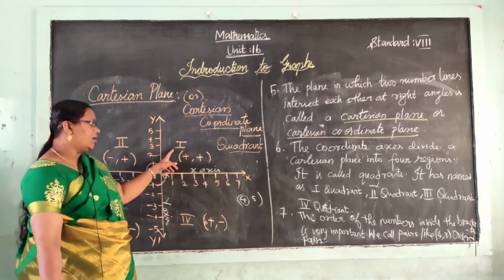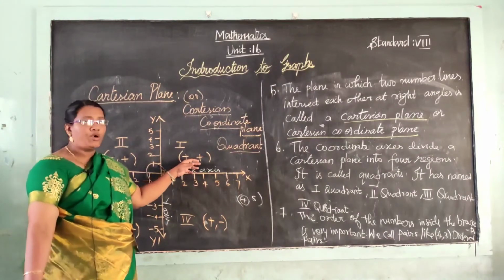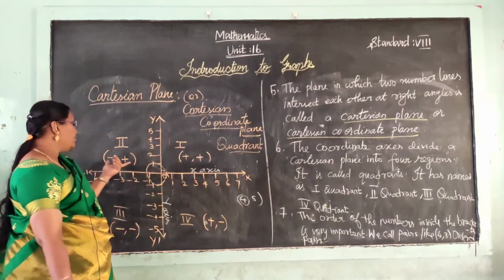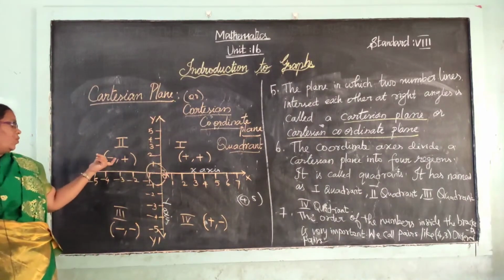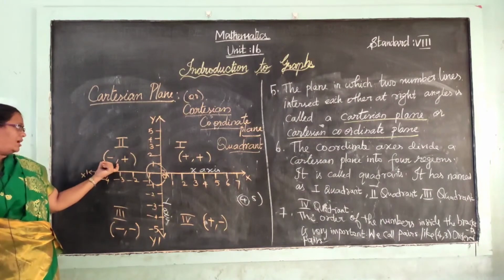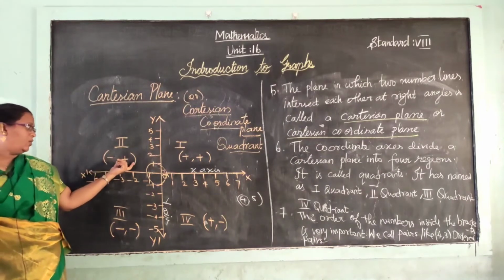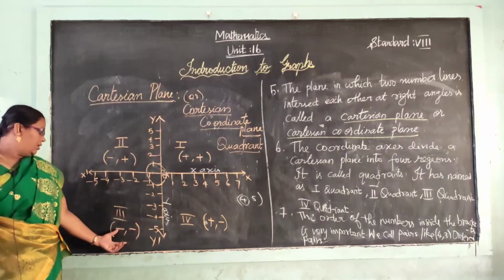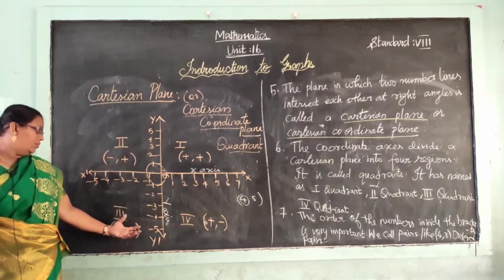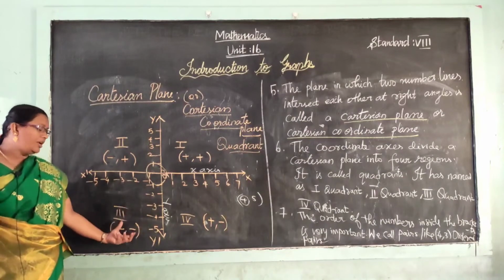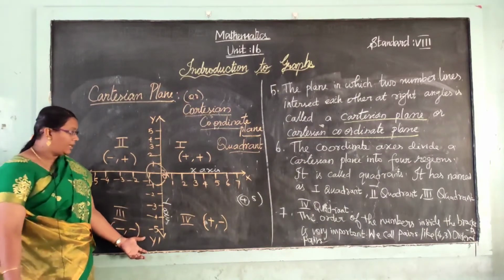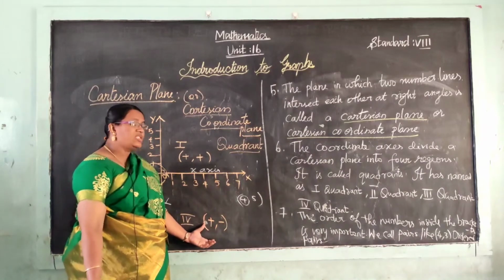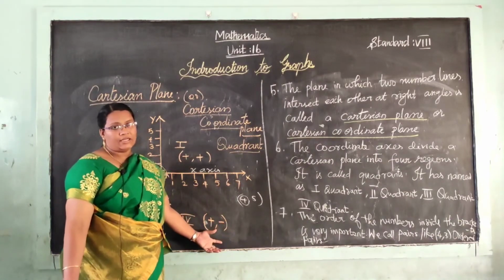In the first quadrant both coordinates are positive. In the second quadrant one coordinate is negative and the other is positive. In the third quadrant both coordinates are negative, and in the fourth quadrant one is positive and the other is negative.